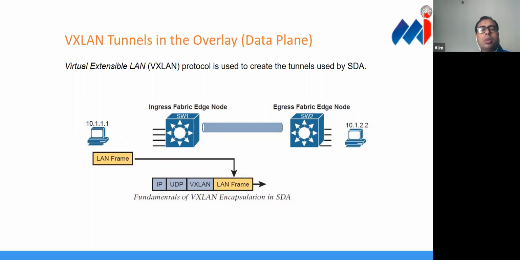One has IP address 10.1.1.1, another has 10.1.2.2. Okay, and there is a fabric, and in the fabric you have one ingress node or switch, and there is also egress node. What is ingress? Ingress means your traffic is entering a device. Egress means your traffic is leaving your device.